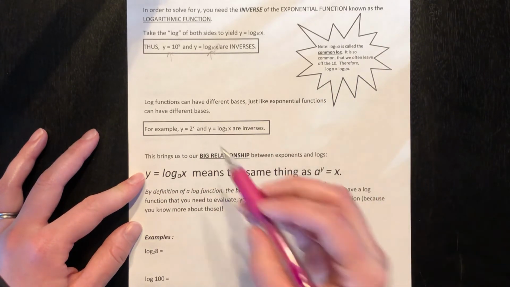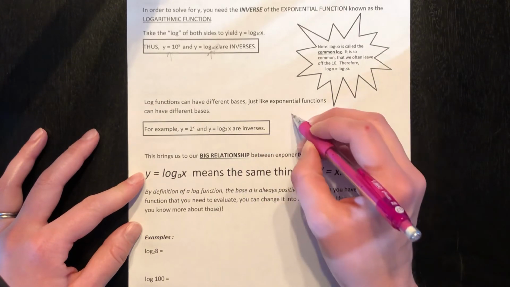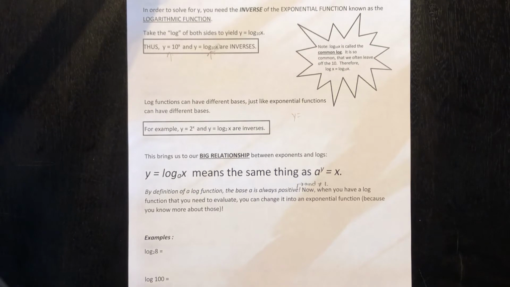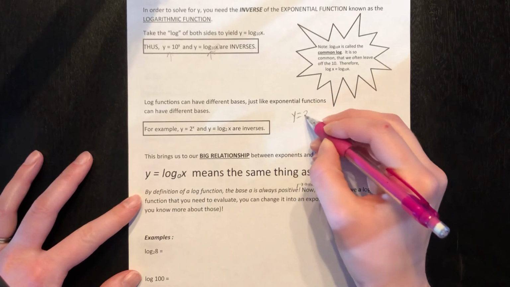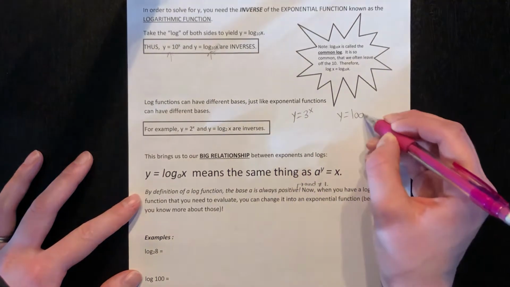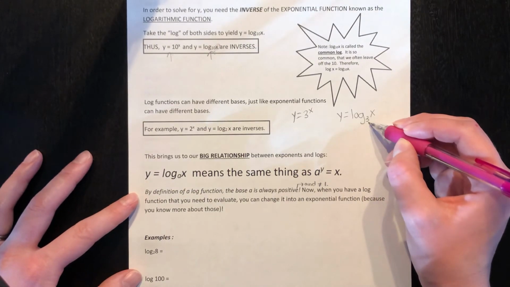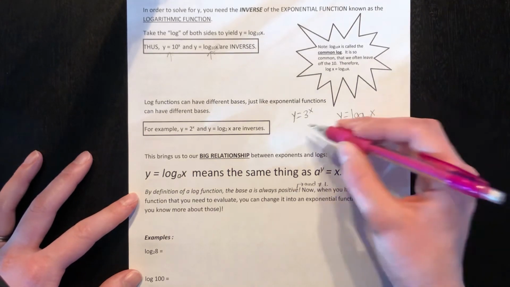So I could do this all day. I could say, what's the inverse of 3 to the x? And again, you recognize that 3 is the base. And so the inverse then would be log base 3 of x. So notice how that 3 again is a subscript and you have the argument x still the same. These are inverses of each other.